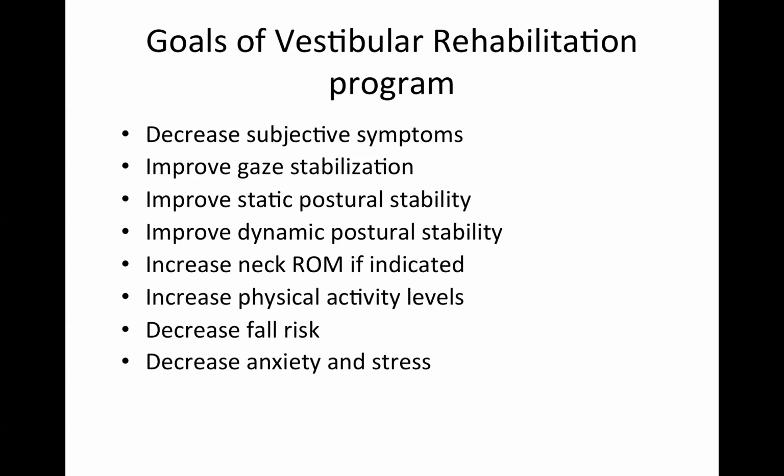We put them on a walking program or increasing their physical activity levels, okay, so they can tolerate that and improve their fitness. Obviously, if they're older and they have other comorbidities, they might be at fall risk, so that is a goal. And a big component is these people are usually anxious, they're stressed. So making sure that they realize this will go away, they will return to their pre-morbid situations and return to their lifestyle.